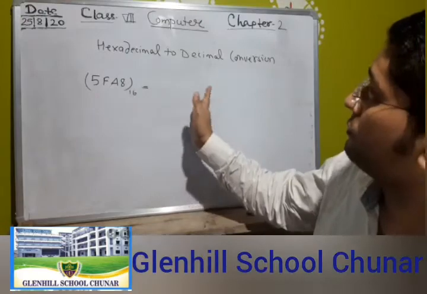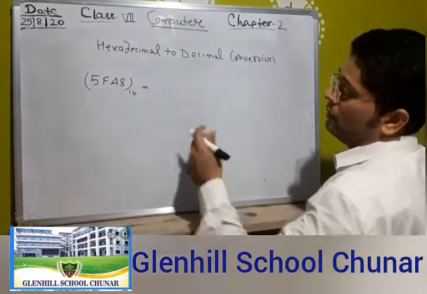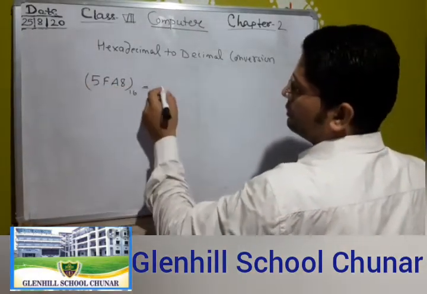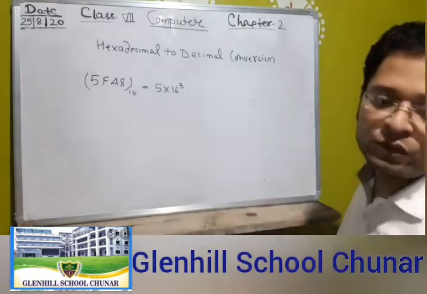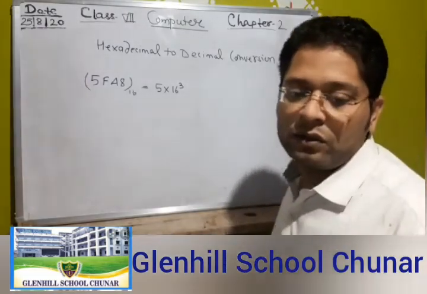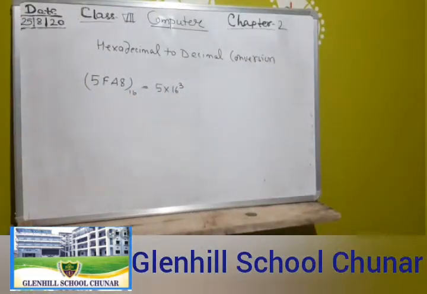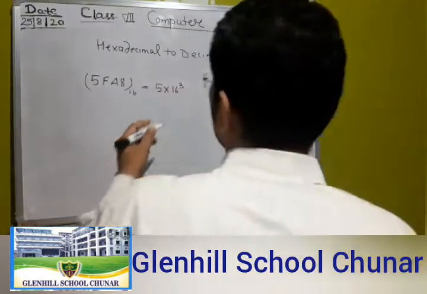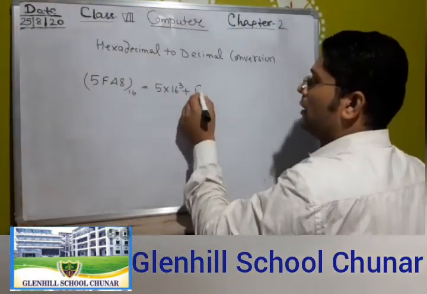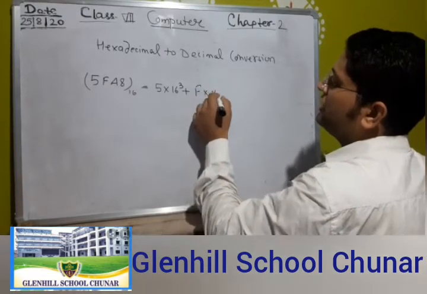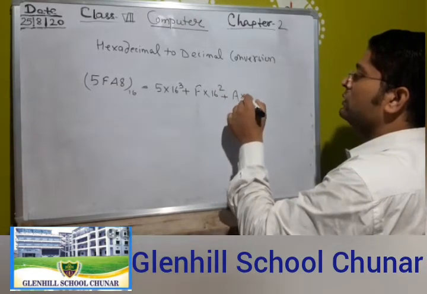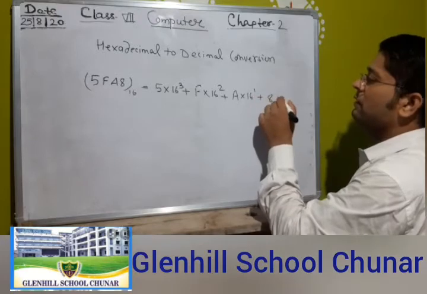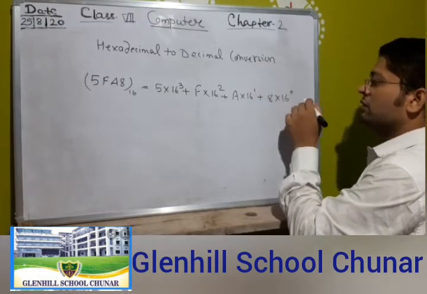What's the value in decimal form? Look, positions 1 2 3 4. So 5 into 16 power 3, plus F into 16 power 2, plus A into 16 power 1, plus 8 into 16 power 0.